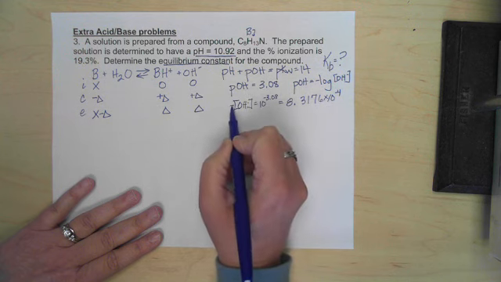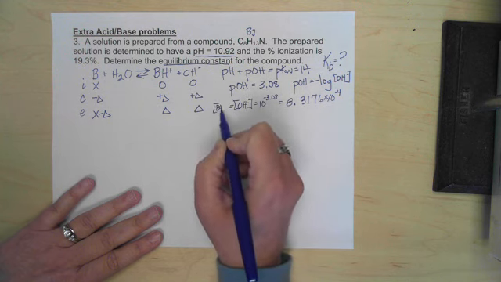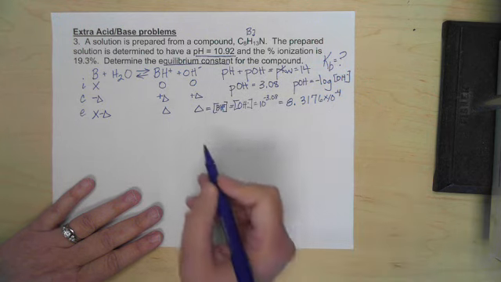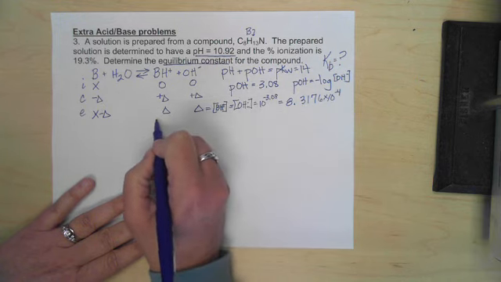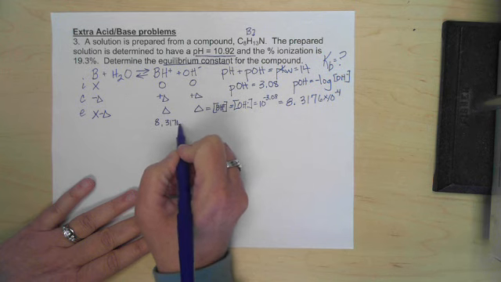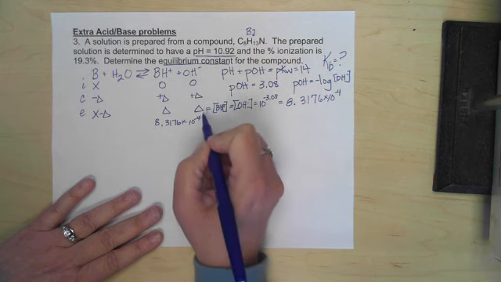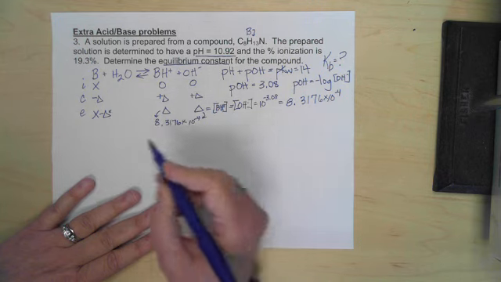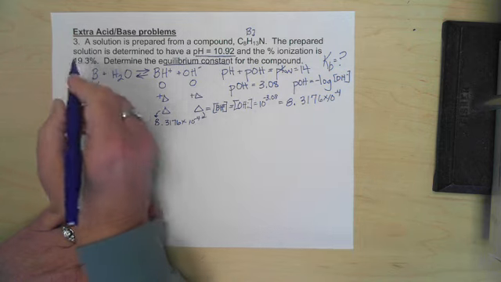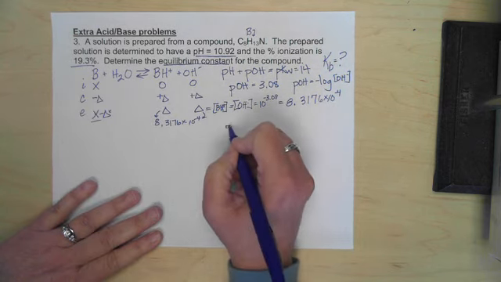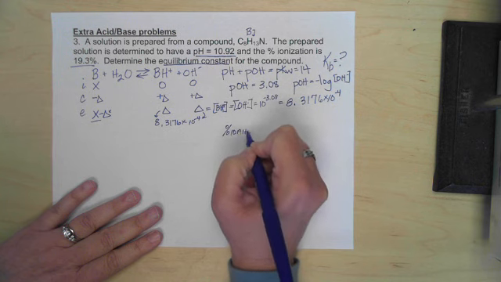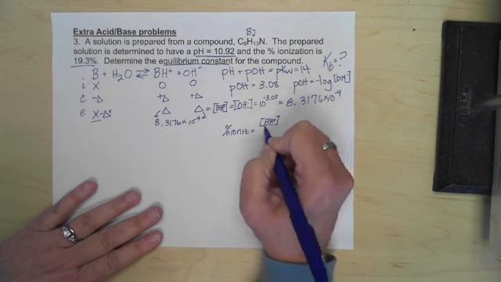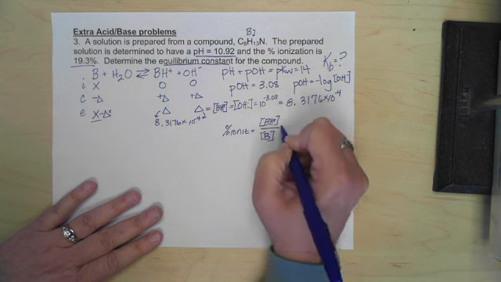That's going to be equal to my OH concentration and my BH plus concentration, which is also designated as my delta. So I could put it in here for both of these, 8.3176 times 10 to the minus 4. That's going to be equal to that and that, as well as over here, but we've got to find what X is. Wait. We were given the percent ionization. Well, remember, percent ionization is equal to the conjugate, which in this case is the acid form, over the base form times 100.